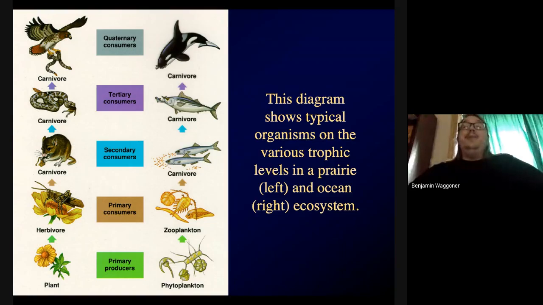Those would get eaten by fairly small fish, which would be the secondary consumers. And those might be sardines as the secondary consumers eating the little shrimpy things. And then your tertiary consumer right there, that's what a tuna looks like, which would eat the small fish. And then the quaternary consumer here would be an orca, which eats absolutely anything it wants to.